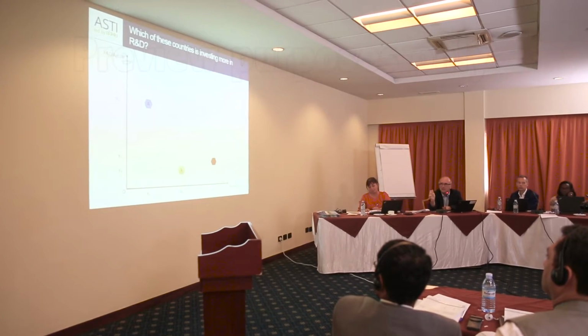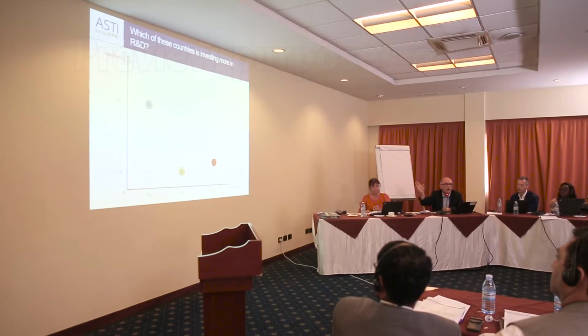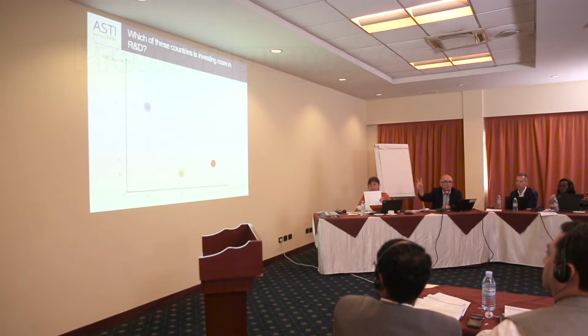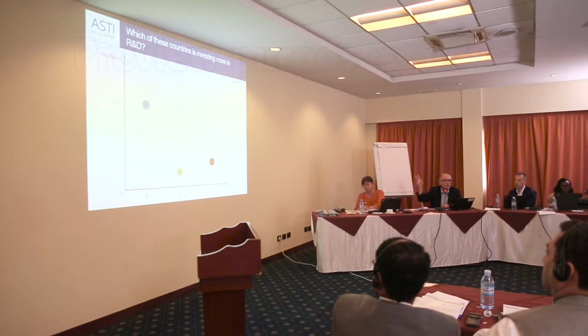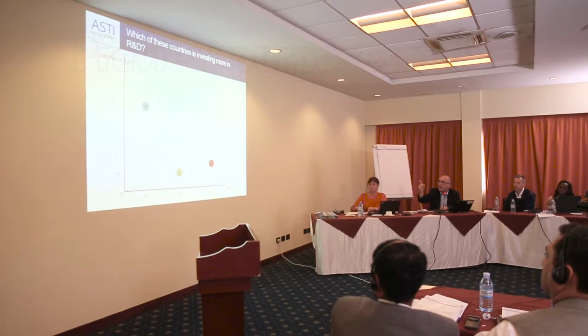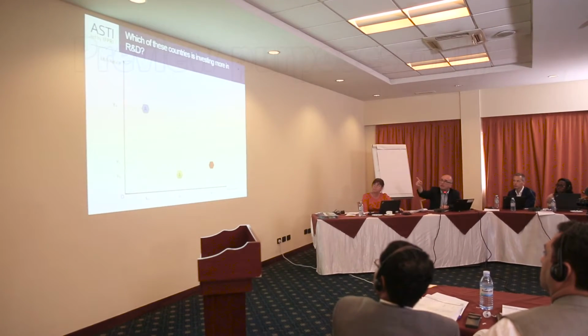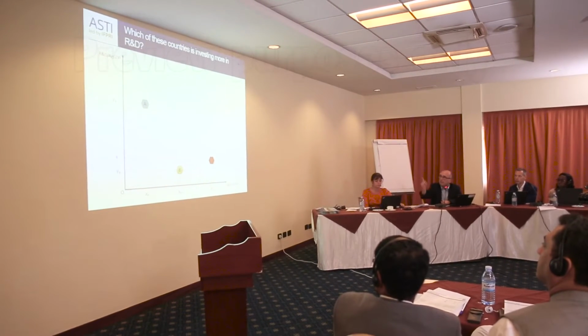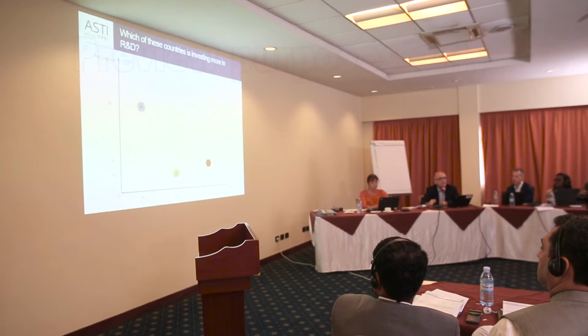We can say first that country B is less intensive than the other two. Why? Because it has lower values in both indices. It's dominated by the other two countries. But when we compare A and C, we cannot say that, because A has a much higher R&D per agricultural GDP, but a lower indicator in R&D per income.